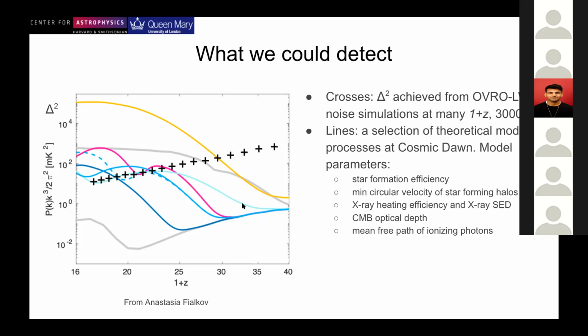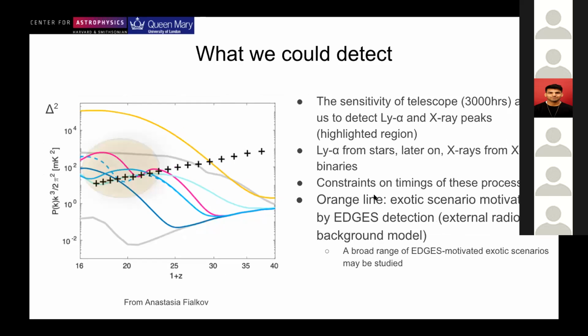This is just a selection of theoretical models, and these are the parameters used, but I won't go into them in detail. So what we can see is that for some of these models, they go above our noise level, which means that we may be able to detect them if they're there, of course.